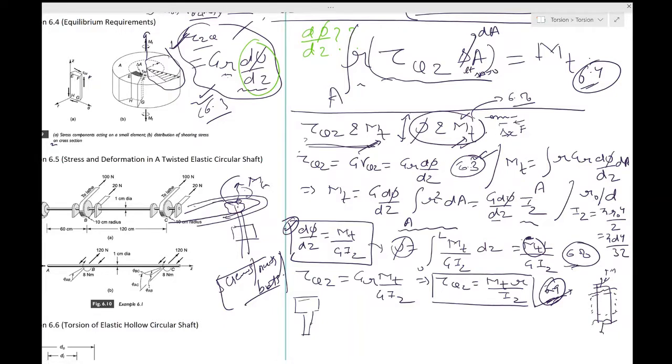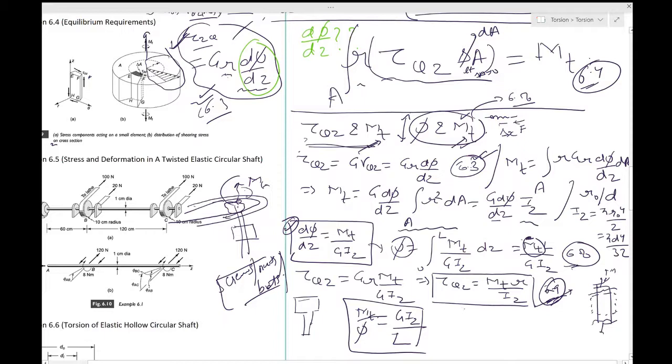So it is often convenient to state 6.8 in this form: MT by phi is equal to GIz by L.